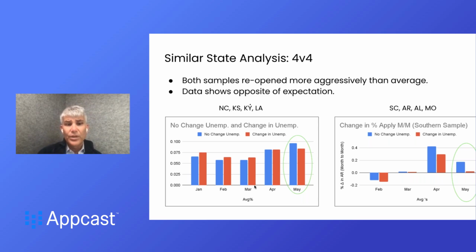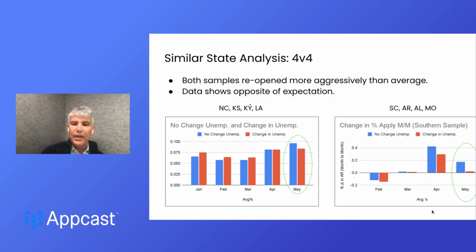So we took North Carolina, Kansas, Kentucky, and Louisiana. Those were states that did suspend the federal unemployment benefits, or announced that they were. And then we took South Carolina, Arkansas, Alabama, and Missouri, which were the ones that did not suspend the federal unemployment benefit. And we saw exactly the same thing.